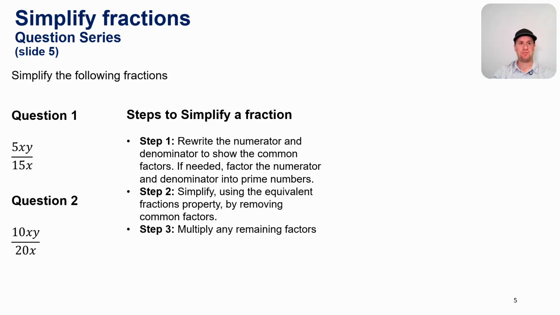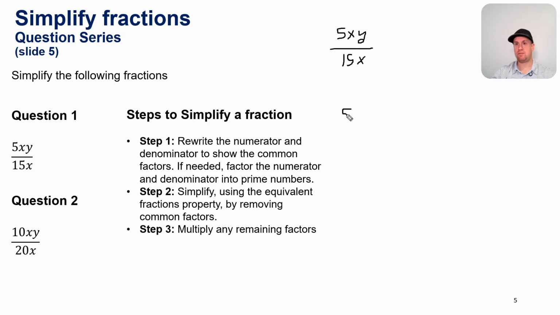Now let's add some variables to fractions that we're asked to simplify. So the same steps, but now we have some extra variables as part of the product here. So we have 5xy over 15x. Now what we can do is rewrite the numerator and the denominator to show the common factors.